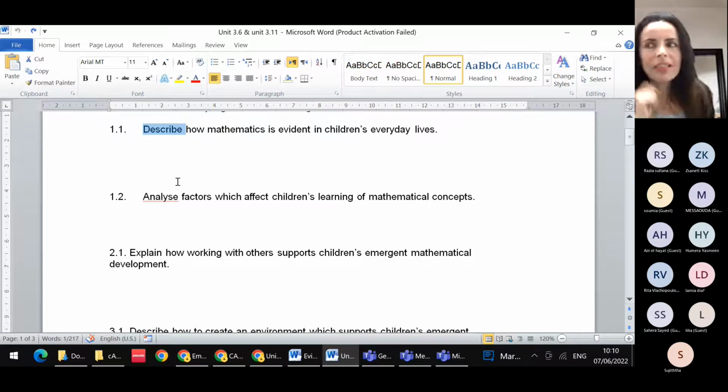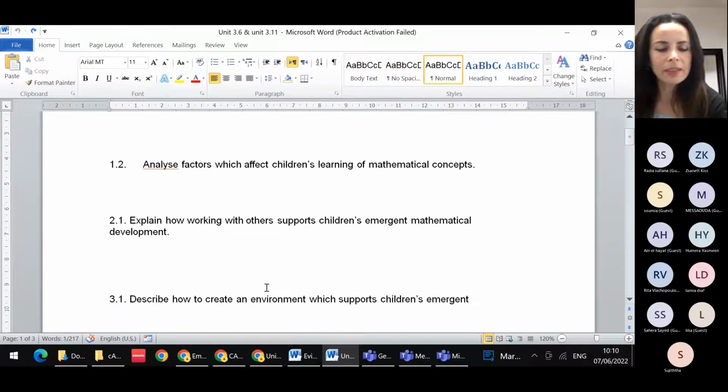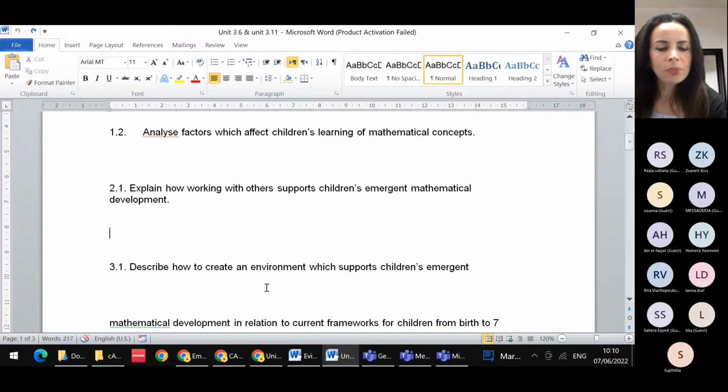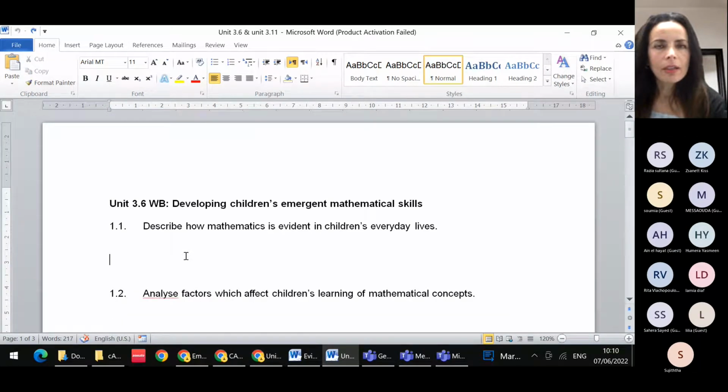Don't put bullet points. They told me off because some of you put bullet points. Whatever you've done so far is fine, but we're going to start from today. We don't want bullet points whenever we see describe, analyze, or explain. We always try to put just explanation, and why we use this and how.